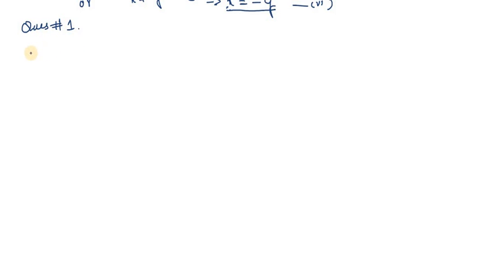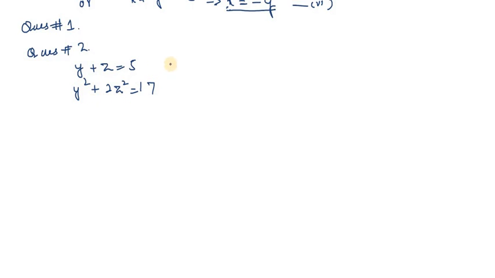So question number 1 we did already, and question number 2 is y plus z is equals to 5, and the other is y square plus 2z square is equals to 17.